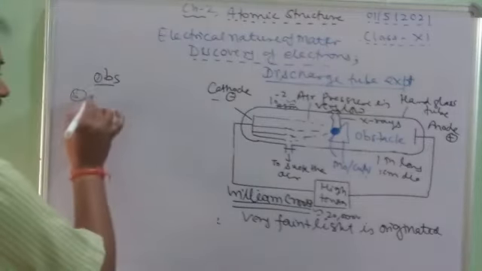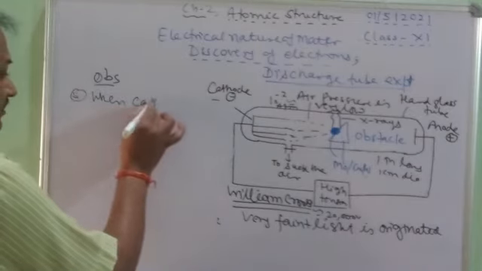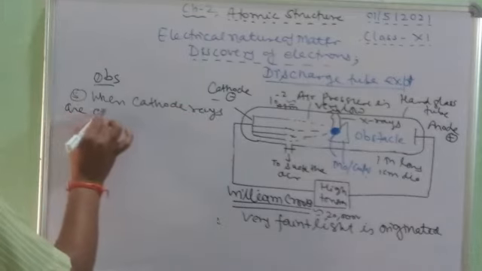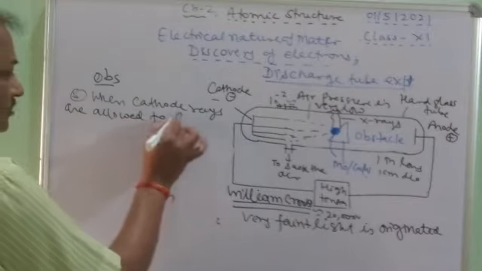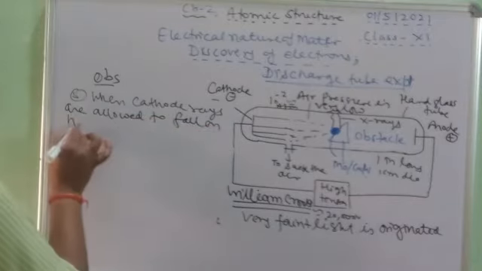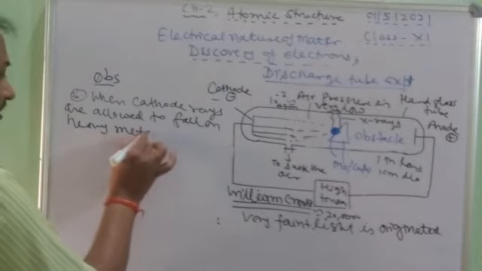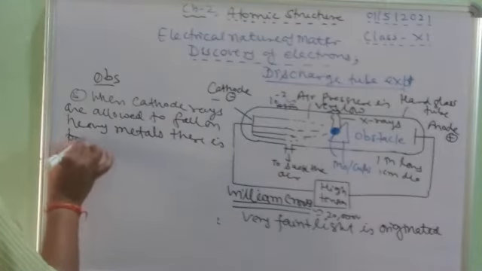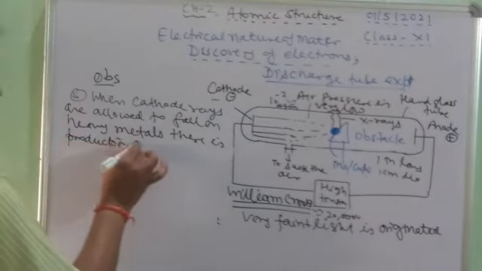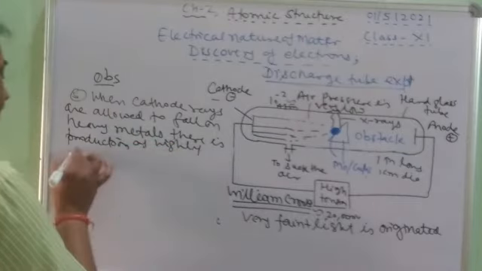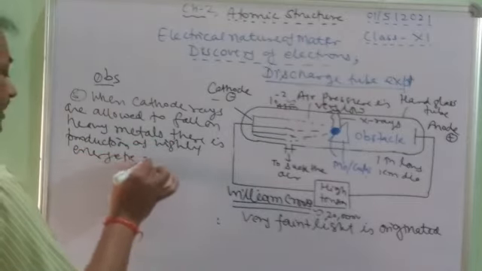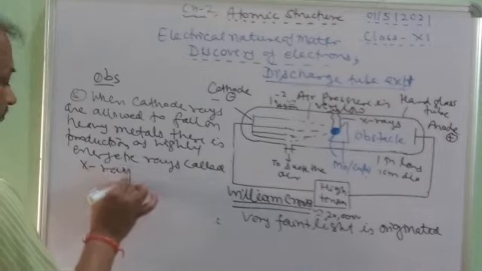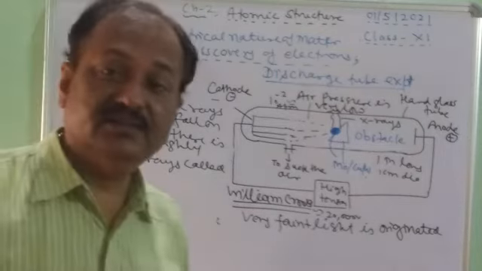So the fifth point is when cathode rays are allowed to fall on heavy metals, there is production of highly energetic rays called X-rays.